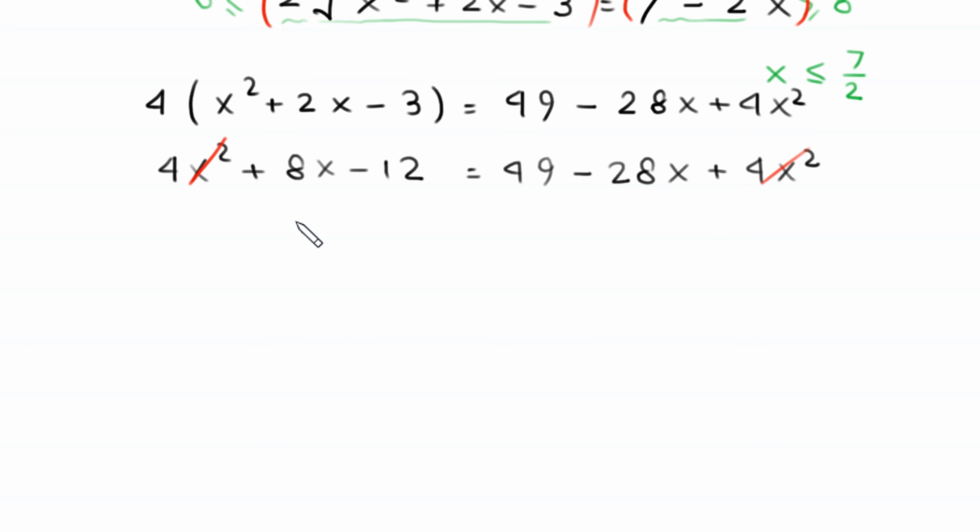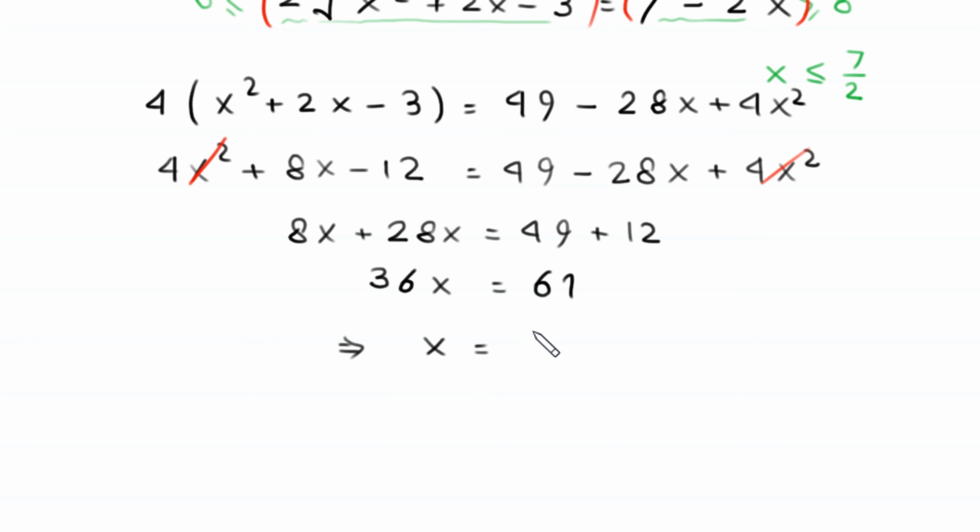This will become 8 times x plus 28 times x equal to 49 plus 12, and this will become 36 times x equal to 61, and this implies that x is equal to 61 divided by 36.